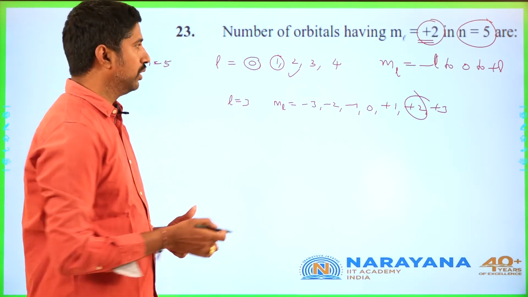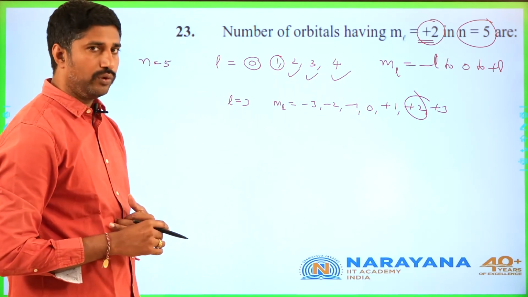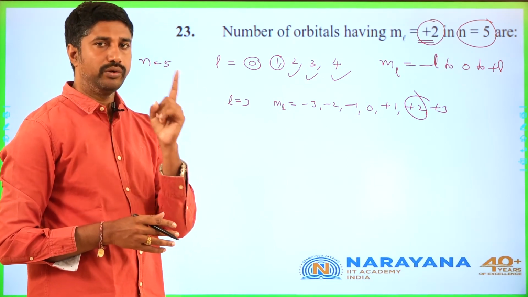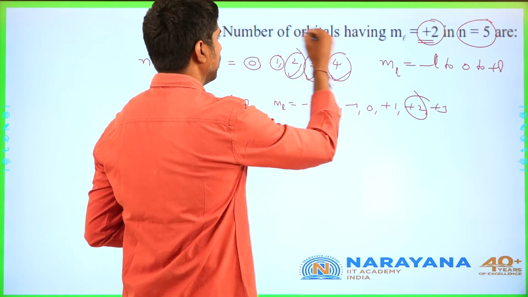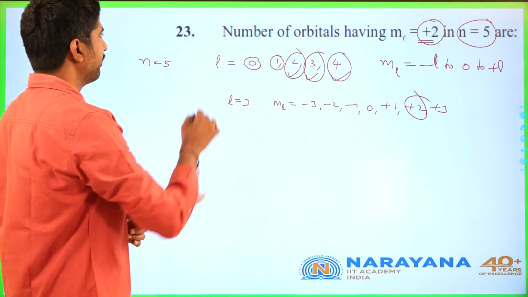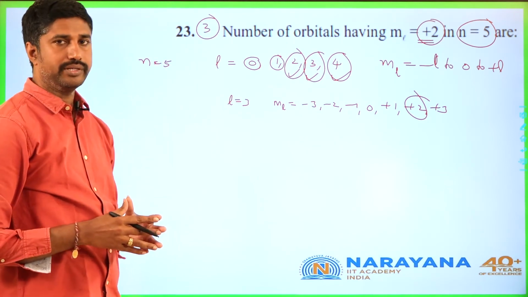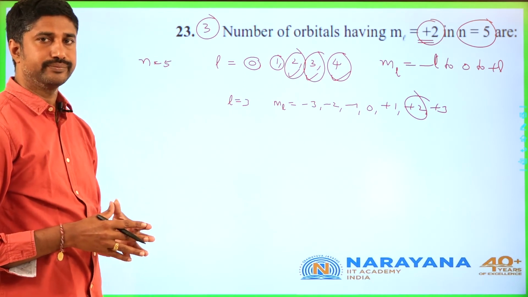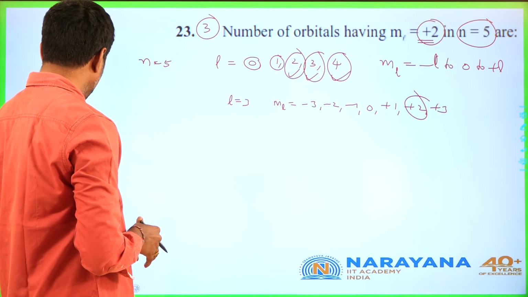So in l value 2, l value 3 and l value 4, there is one orbital in each containing ml value plus 2. So total only 3 orbitals are there here, with ml value plus 2 in the fifth orbit. That is a simple logic. Right, and next question.